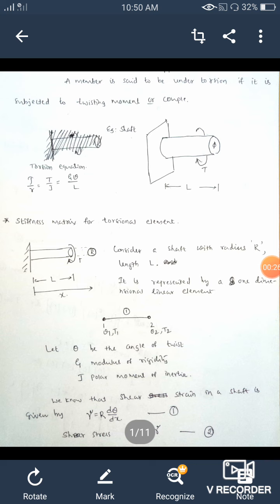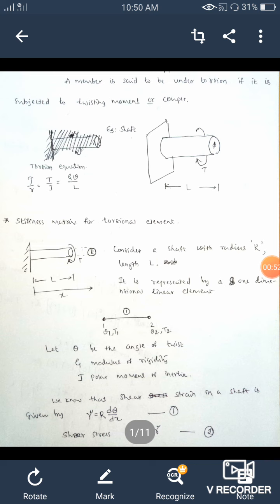One is vertical, another one is rotational displacement. Similarly, a member is said to be under torsion if it is subjected to a twisting moment or a couple. As you already know what a moment and couple are, if any member is subjected to a moment and couple, then it is called torsion.